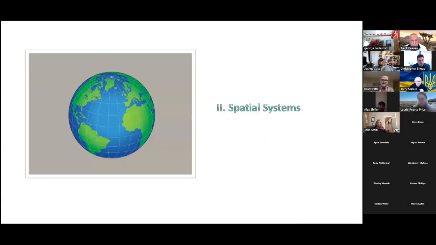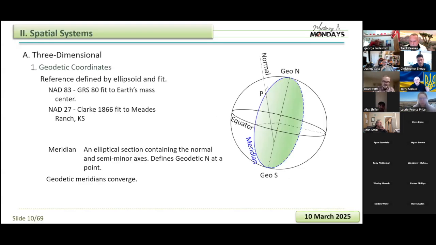So now we talk about spatial systems, a way we express positions or spatial locations. The traditional way is by using geodetic coordinates. We have to be careful with geodetic coordinates. You have geodetic coordinates and you have geographic coordinates. Geographic coordinates are generally based on the Earth being modeled by a sphere.